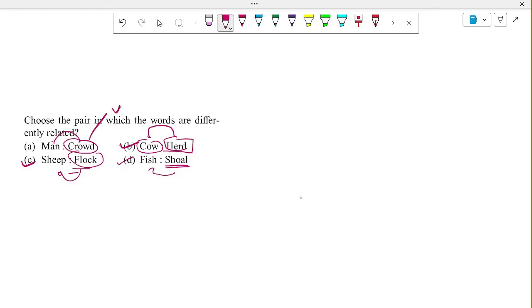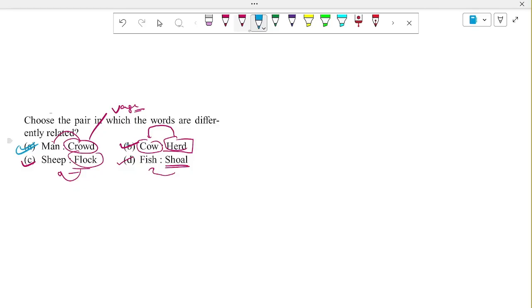This is a very vague word. Vague means it can specify anything, right? Like a group of people standing at the bus stop can also be called a crowd. People in the mall, that is also a crowd. So here this is the odd one out.